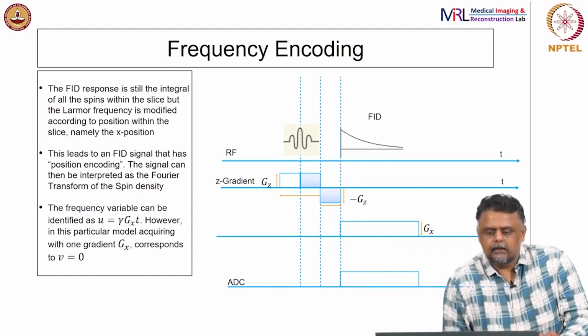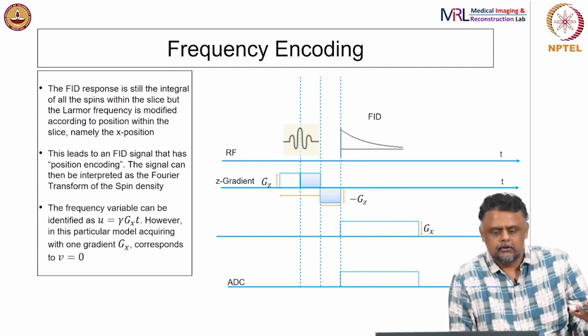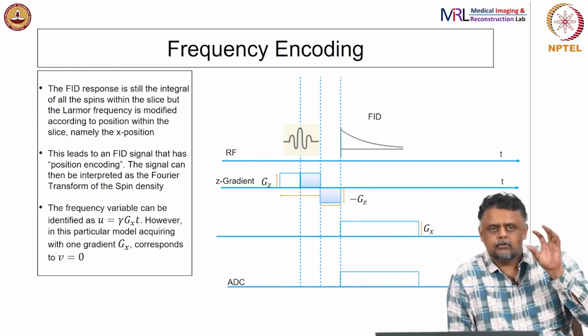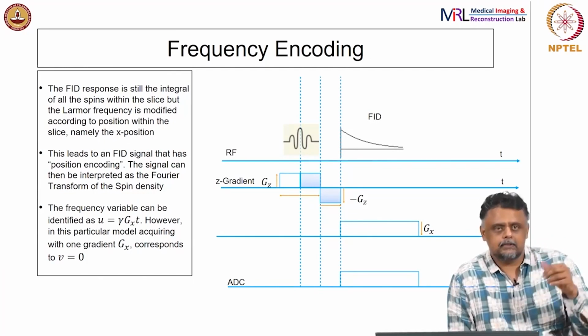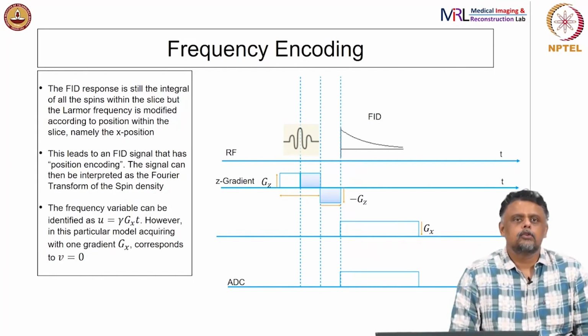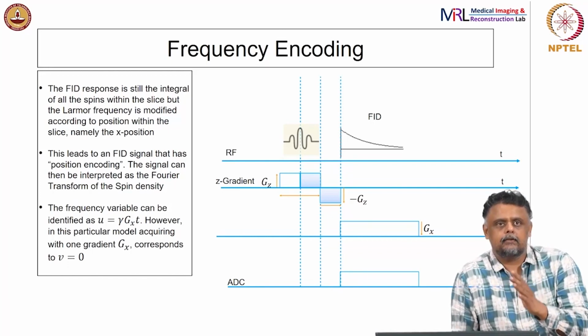So, how does it work for frequency encoding? So, as you saw, the FID is still the integral of all the spins within the slice. Okay. But the Larmor frequency is what we try to modify according to position within the slice, namely along x, because we apply the gradient along x. Okay. Now, this leads to a FID signal that has position encoding, right.